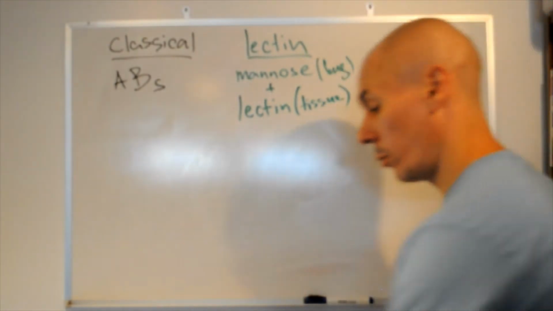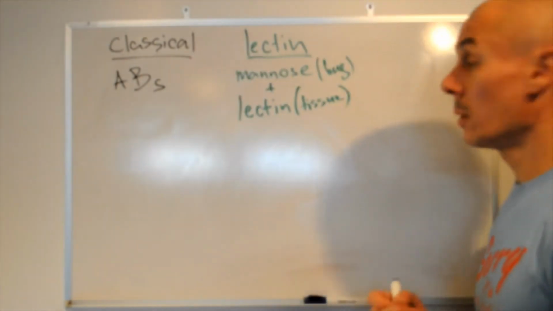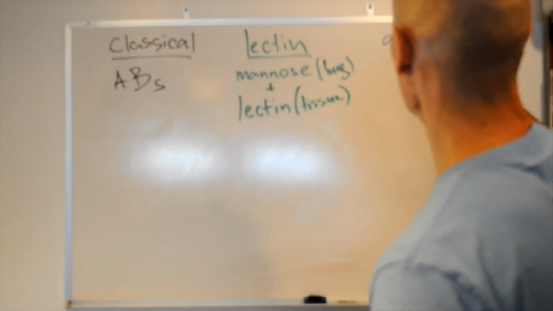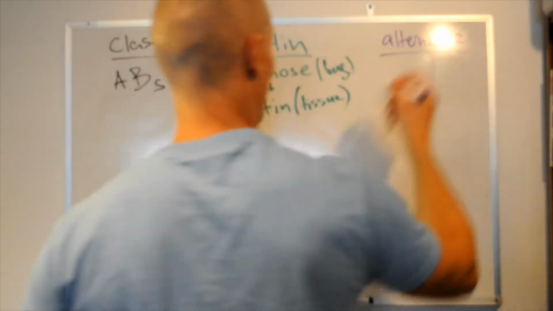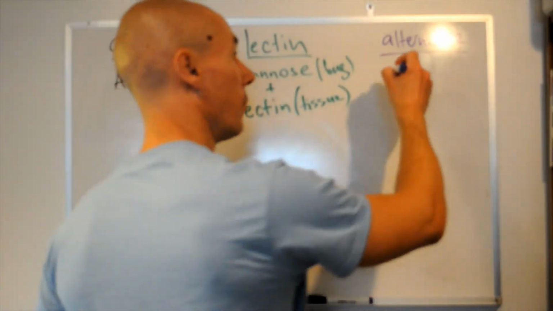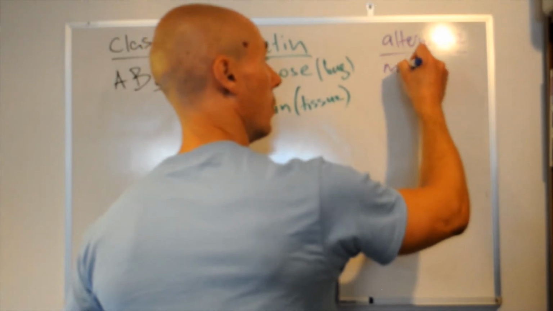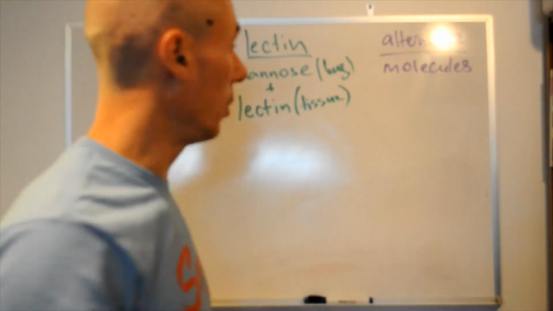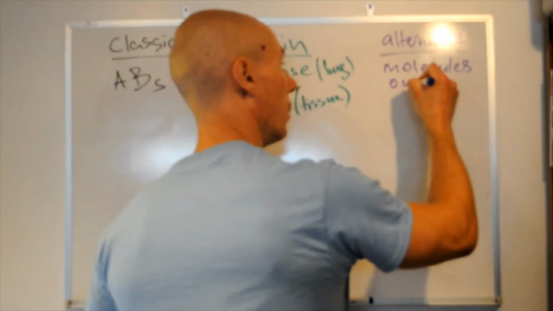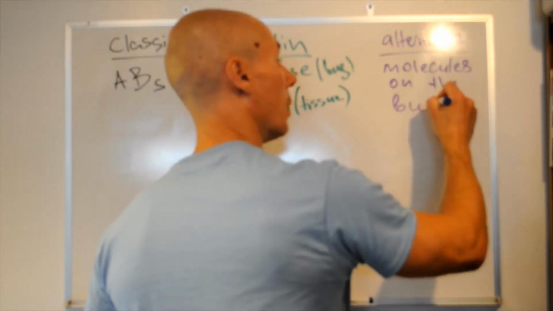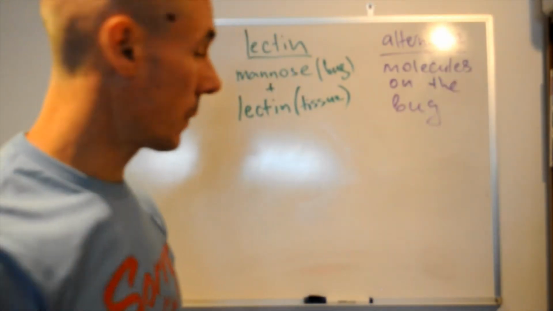And the third pathway will be the alternative pathway. The alternative pathway is stimulated by a variety of molecules, various macromolecules on the bug. I'm going to call them bug for simplicity.